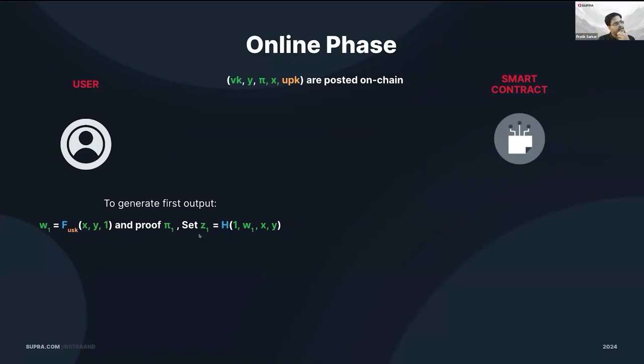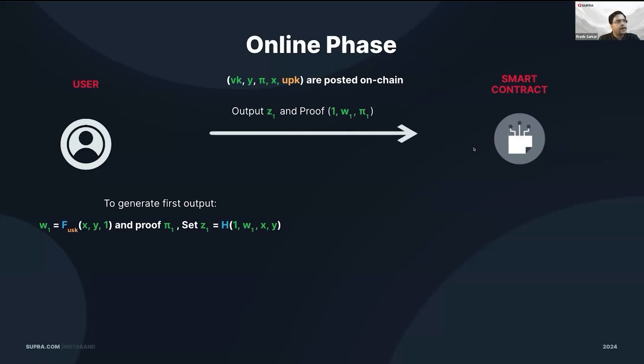And the output is set as Z1, which is the hash of 1, W1, X, Y. So this is a random oracle invoked on X, Y, 1 and this W1. And then the output is Z1 and the proof is W1, pi 1. So basically the proof is going to be this VRF output W1 and the corresponding proof pi 1.